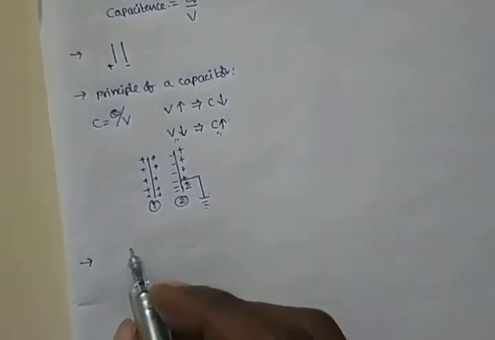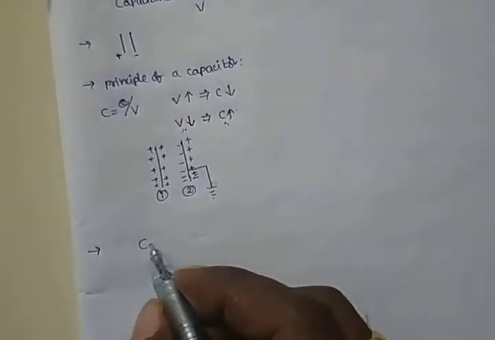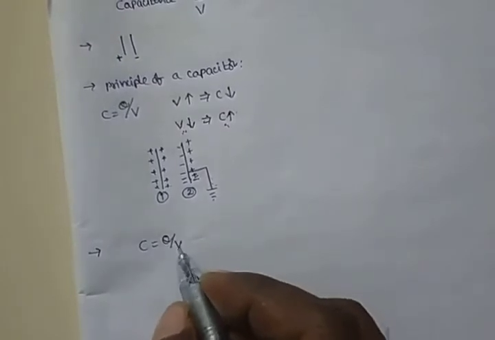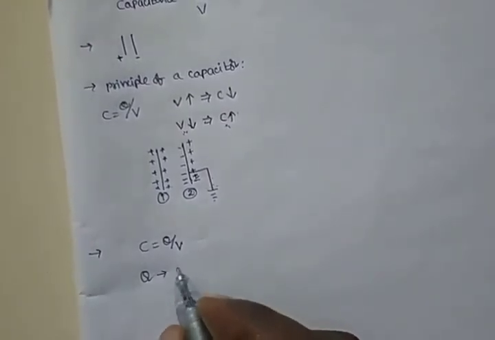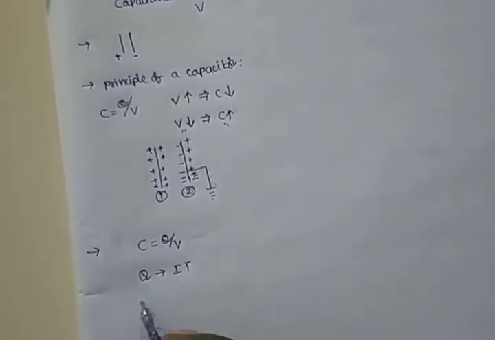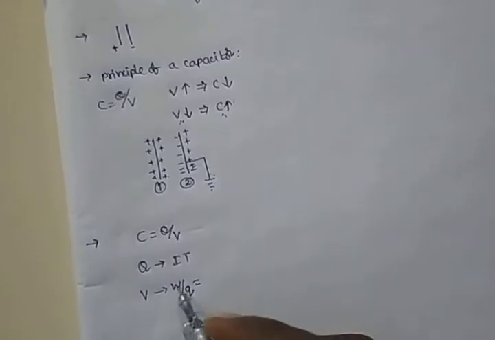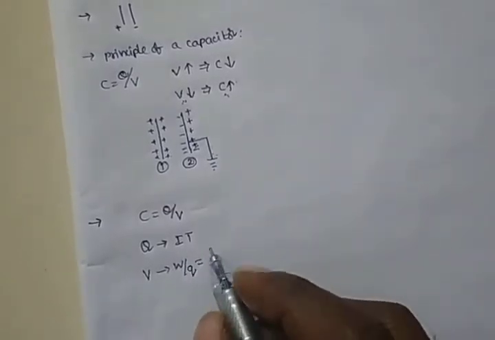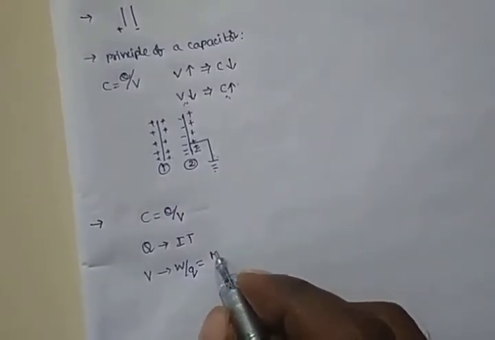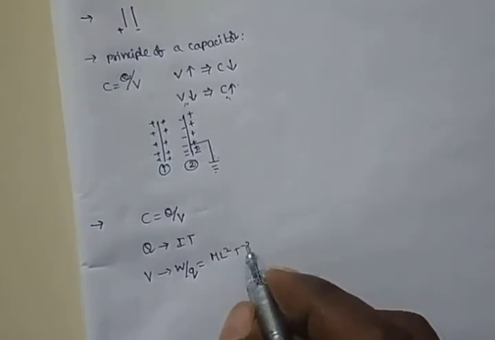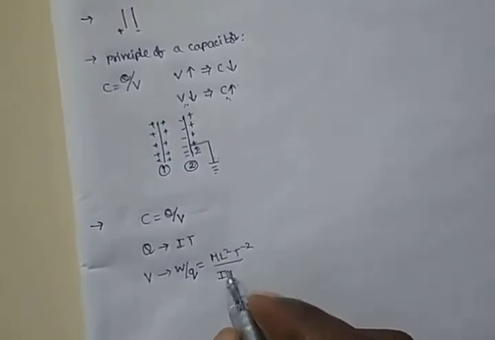What is the dimensional formula for capacitance? The dimensional formula for Q is IT, and for V is W by Q. W is work done, which is ML squared T minus 2, and Q is IT.